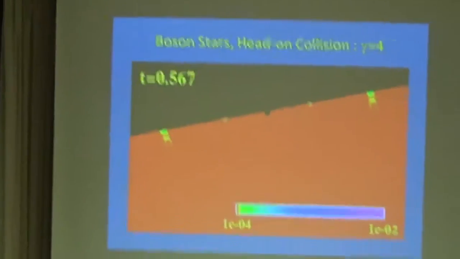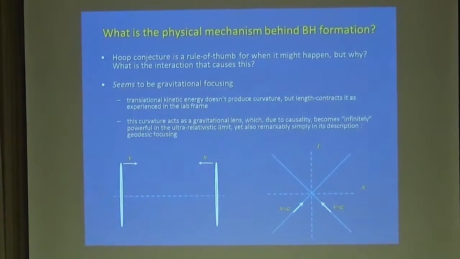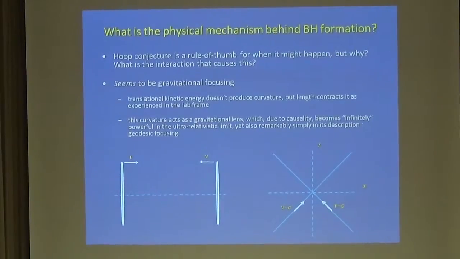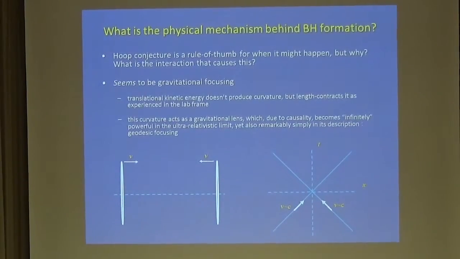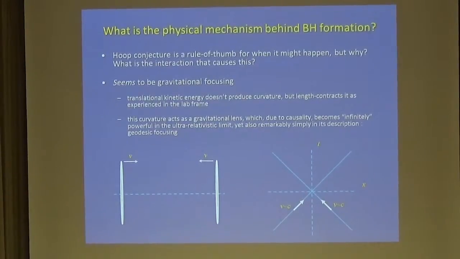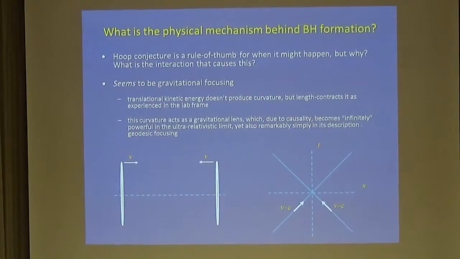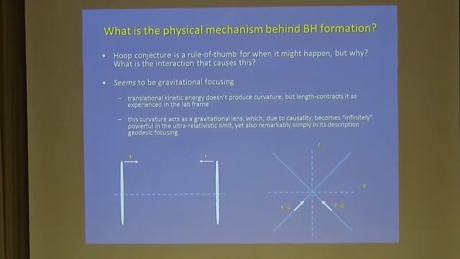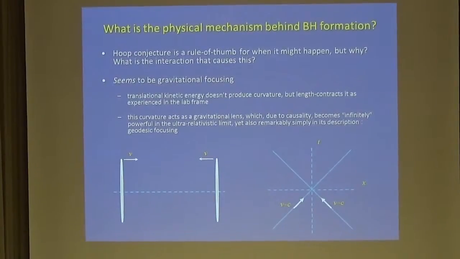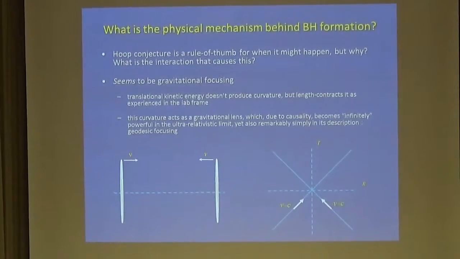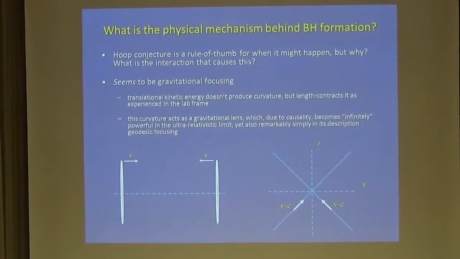What I think is going on, and I'll show some other simulations to support this, is very consistent with some of the ideas that Penrose came up with when he looked at these things from the point of view of colliding Aichelburg-Sexl solutions. It's essentially gravitational focusing, and perhaps even simpler than that, you can almost understand it as geodesic focusing. That will explain why it's a factor of a few less and why you can apply the Hoop conjecture to this in the first place.